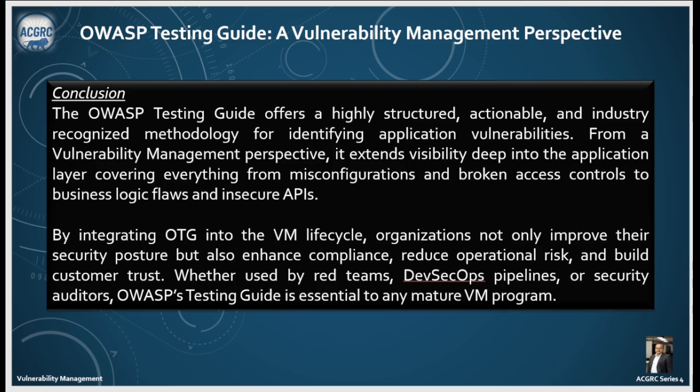By integrating OTG into the VM lifecycle, organizations not only improve their security posture but also enhance compliance, reduce operational risk, and build common trust. Whether used by red teams, DevOps, DevSecOps pipelines, or security auditors, the OWASP testing guide is essential to any mature VM program.